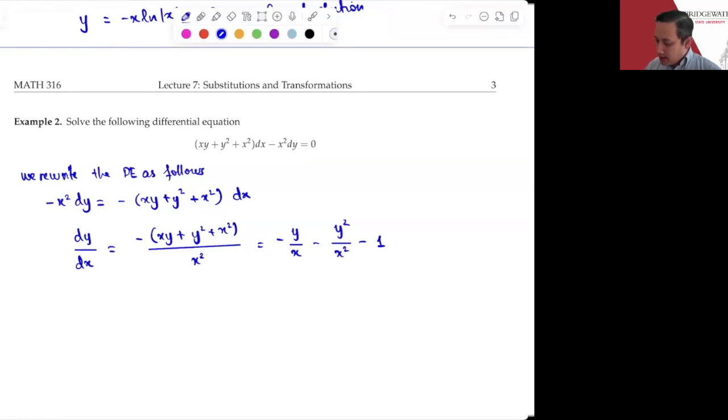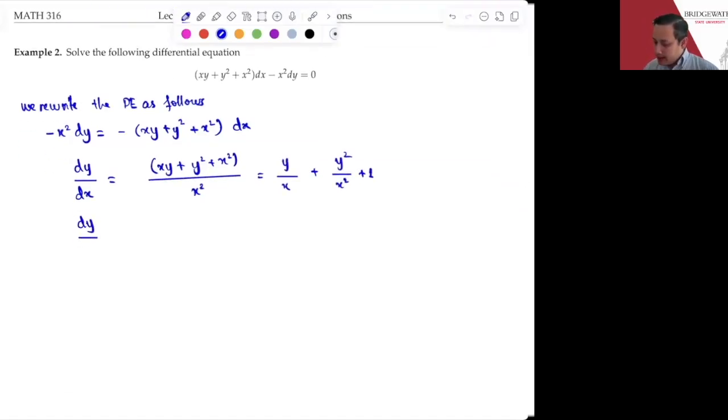I forgot one thing, sorry. I forgot the negative sign, so there's the negative sign right here. So negative x squared, this is negative as well, so the two negatives cancel out, and you have y over x plus y squared over x squared plus 1, or dy dx equals y over x plus y over x altogether squared plus 1.